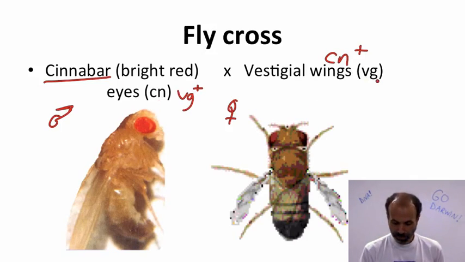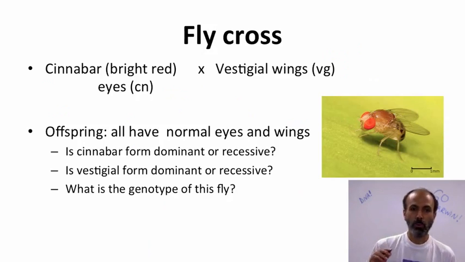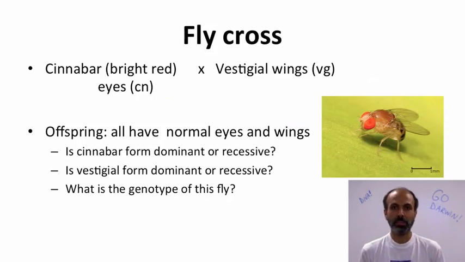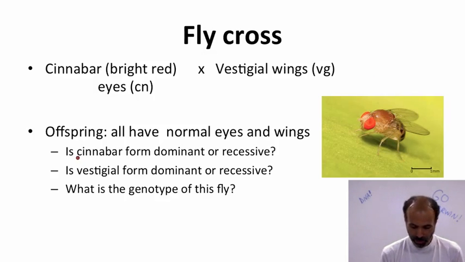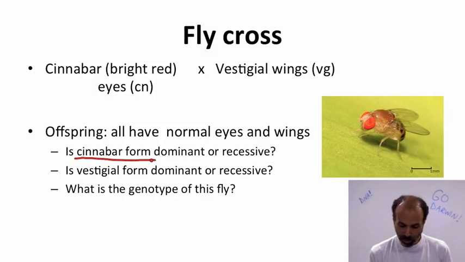Now, we cross these and the offspring all have normal eyes and normal wings. So what can we infer from this? Well, we can actually infer quite a bit. First, is the cinnabar, the bright red eye form, mutation dominant or recessive? In this case, we know the mutation has to be recessive, right?